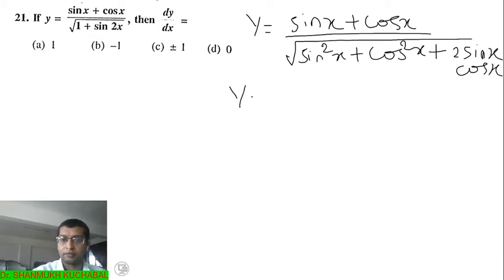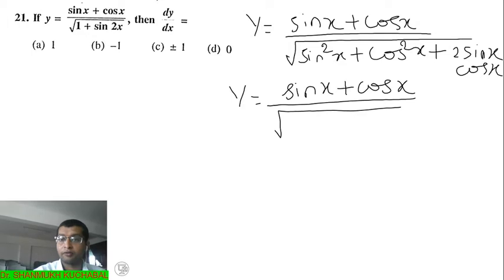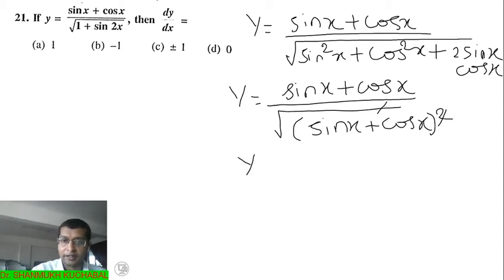So y equal to sin x plus cos x whole divided by under the square root of, we observe that the denominator is of the form a square plus b square plus 2ab. Using this we can write it as sin x plus cos x whole square. Now square and square root get cancelled, so we get sin x plus cos x divided by sin x plus cos x, both get cancelled, so the answer is 1.